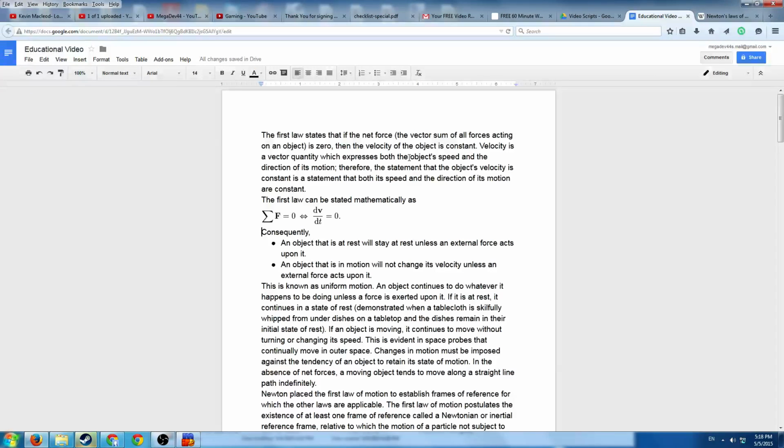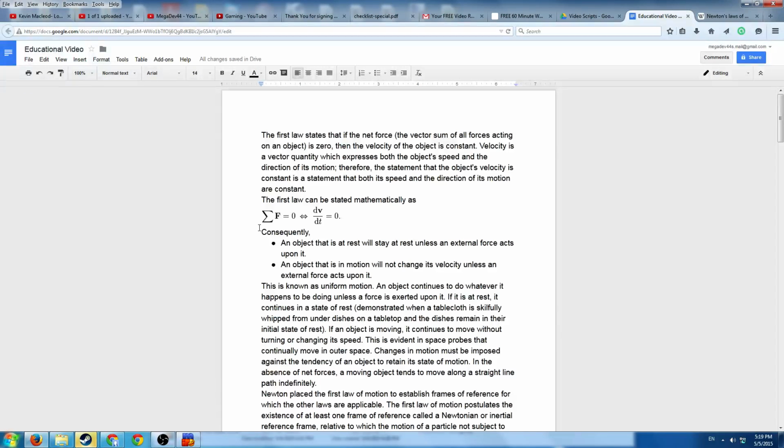The first law can be stated mathematically as shown below in the figure that is highlighted. Consequently, an object that is at rest will stay at rest unless an external force acts upon it.